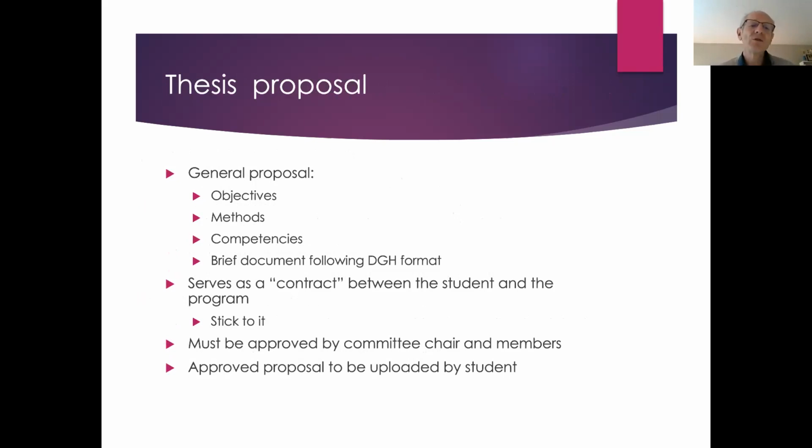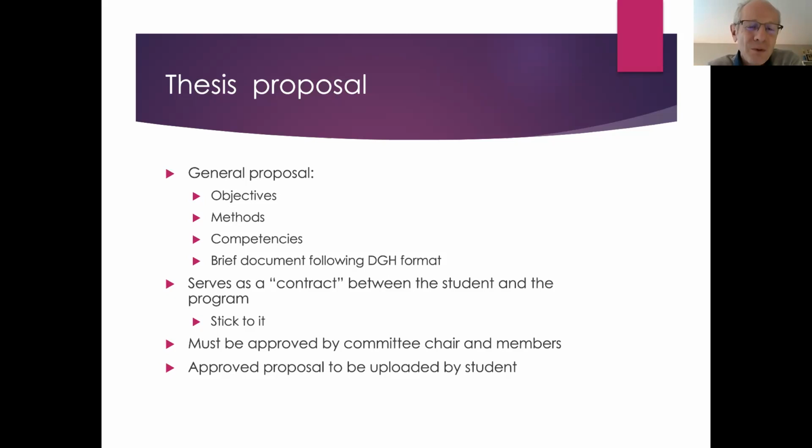Once you have defined your topic and your thesis committee, the next step is to put together a thesis proposal. This is a short document, and it should include just the objectives, the methods, and the competencies that are going to be addressed. It's a brief document following the format in the Department of Global Health. In a way, it serves as a contract between the student and the program.